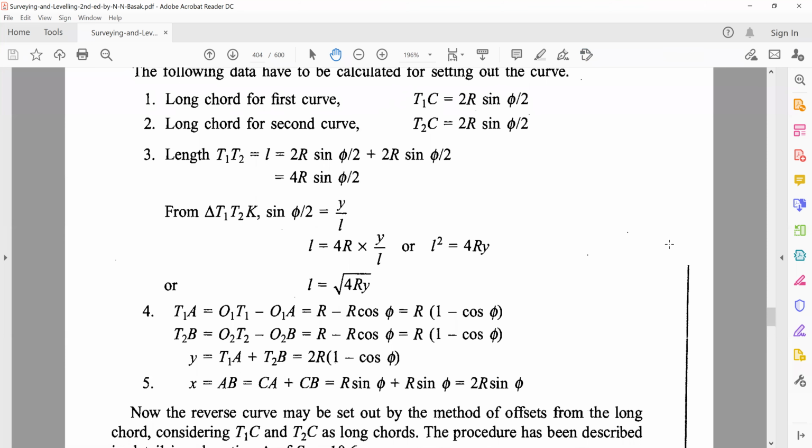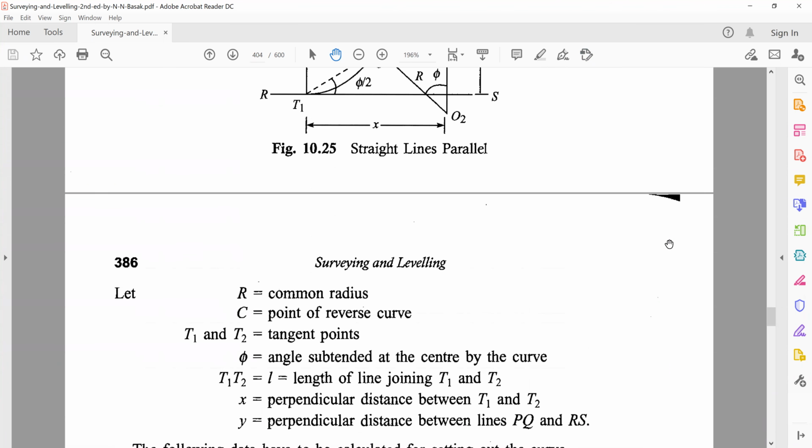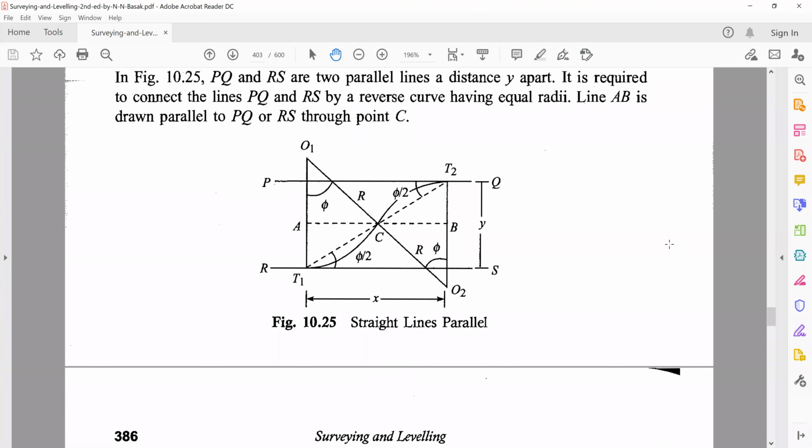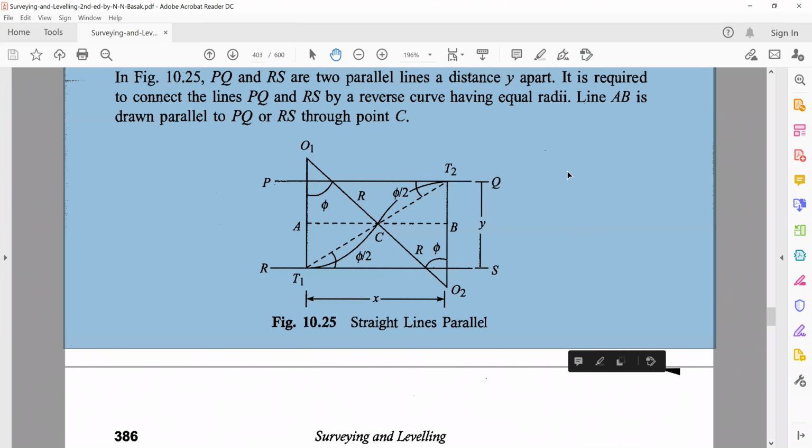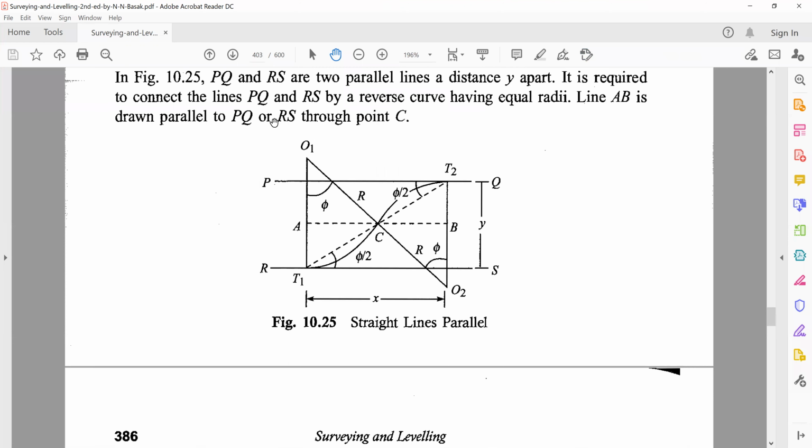And then the other one we had was O1a, which is equal to r cos phi. How do we get that? The interior angle is equal to phi, like before. One side of this triangle is the radius.